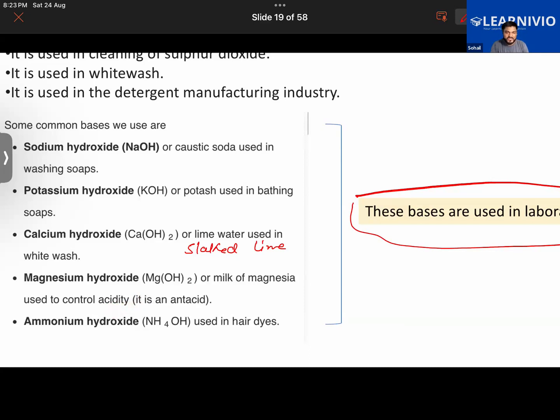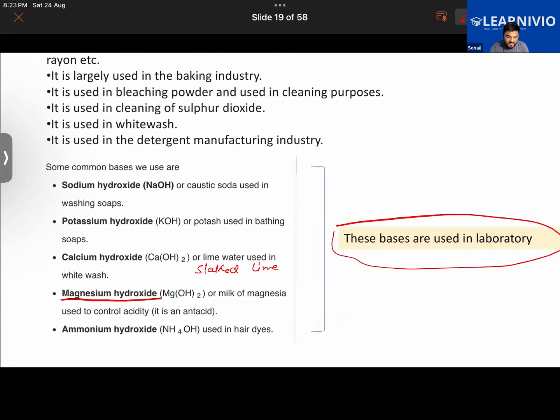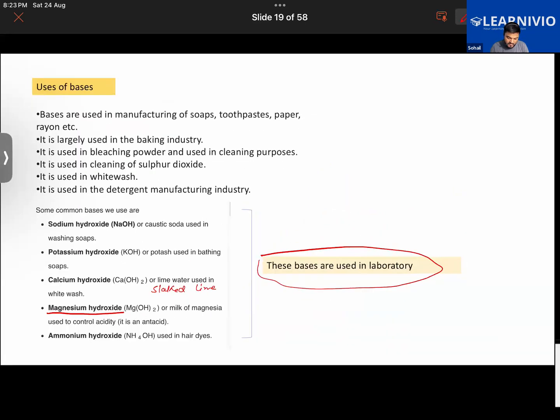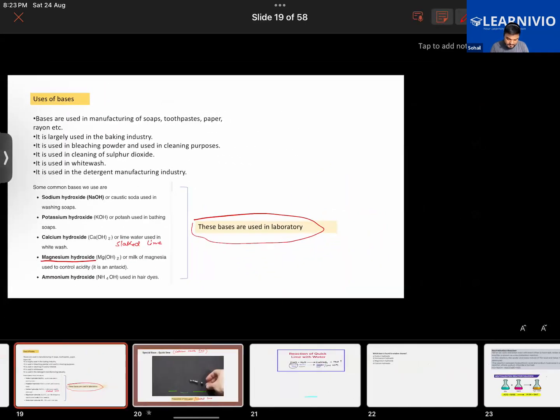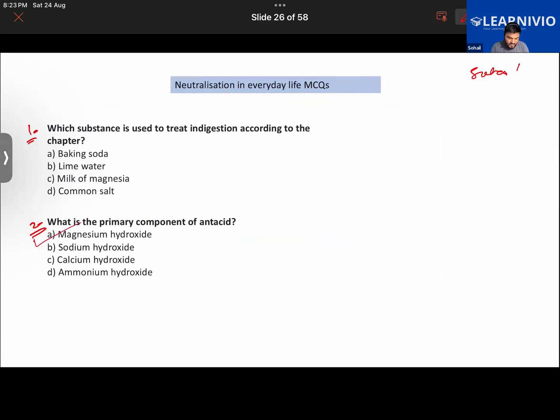A neutralization reaction takes place in the stomach when we take milk of magnesia. So this is used to prepare antacids. Got this now, all three of you? The correct option is option A. In fact, both of the questions have the same answer. Getting it?